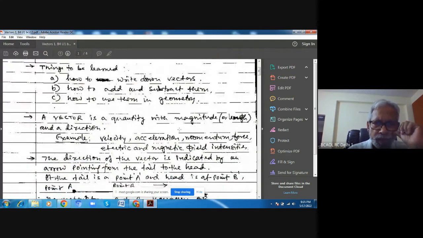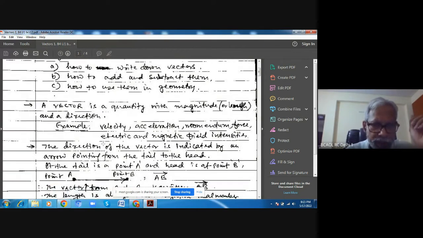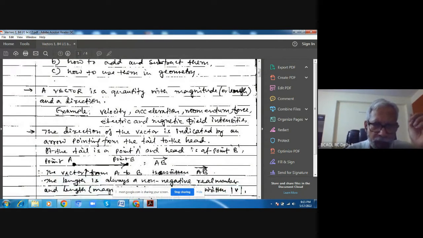Vector is the quantity with magnitude and direction. Examples: velocity, acceleration, then momentum, forces, electric and magnetic field. These are all vector quantities. Okay, that we have already studied in physics. Isn't it? Direction of the vector is indicated by an arrow. Normally, we put an arrow.